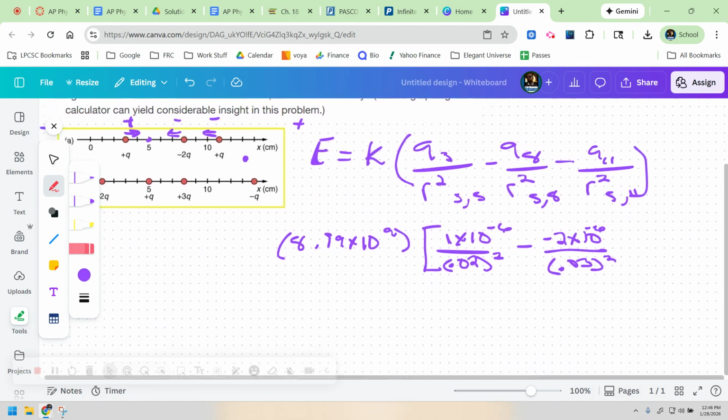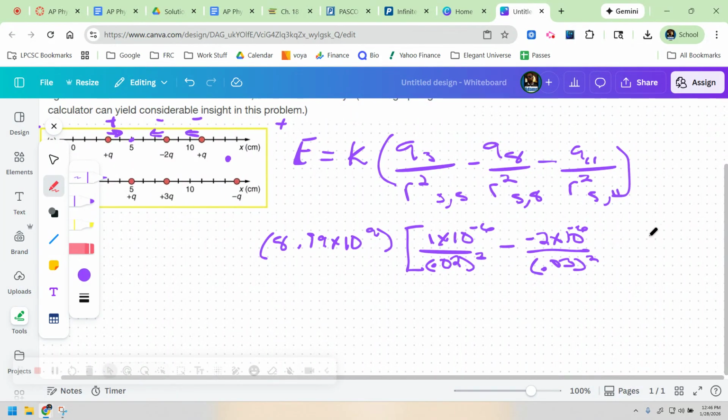Then minus, and that's just a positive charge, so it's just 1 times 10 to the negative 6.